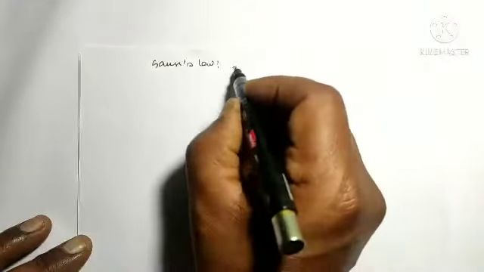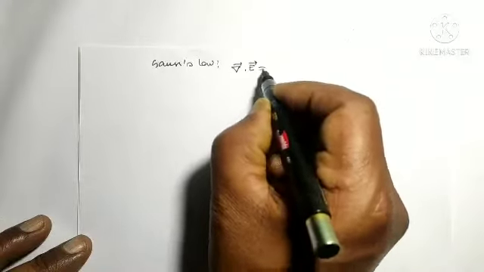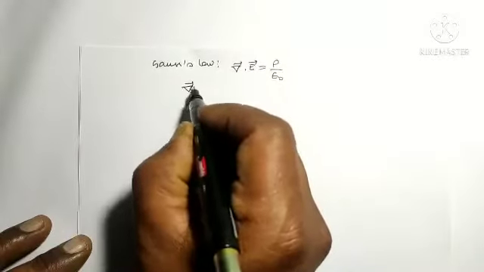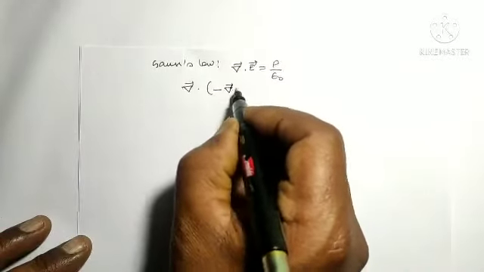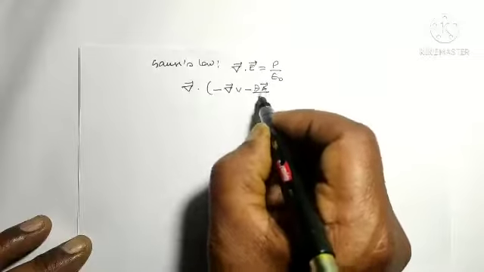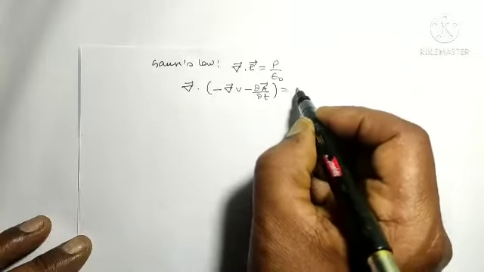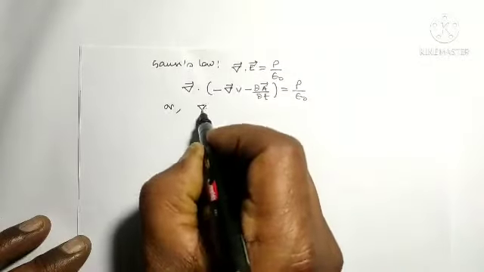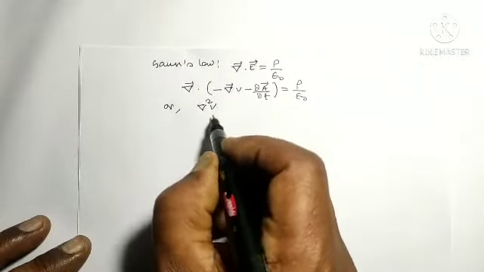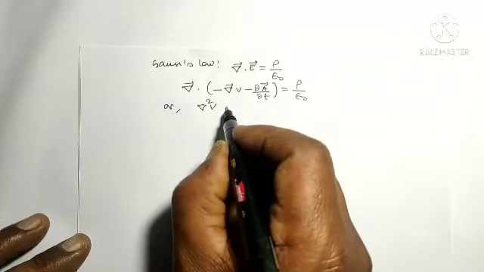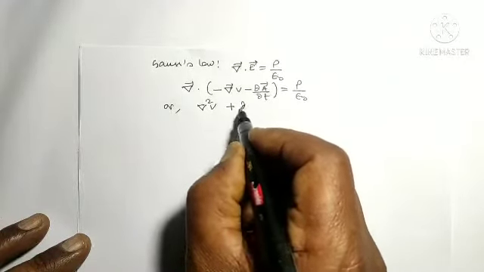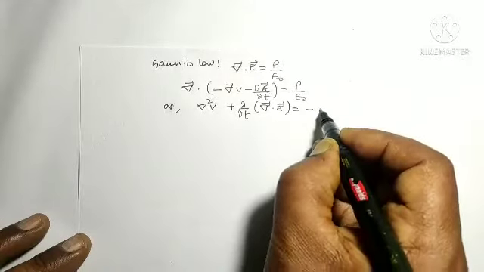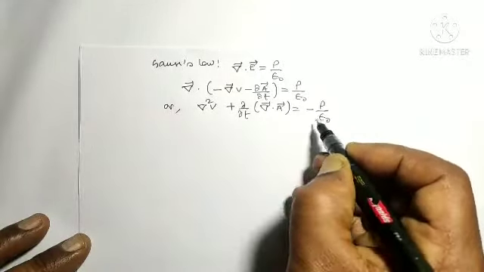is div E equals rho by epsilon naught. So div of E, with E equal to minus grad V minus del A by del t, equals rho by epsilon naught, or del square V (del dot del is del square) plus del by del t of div A equals minus rho by epsilon 0.